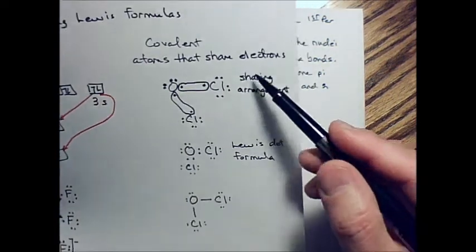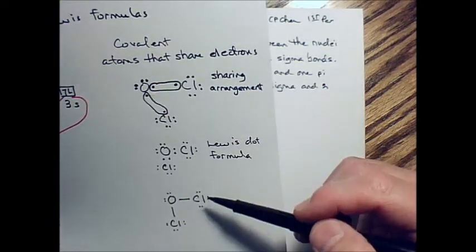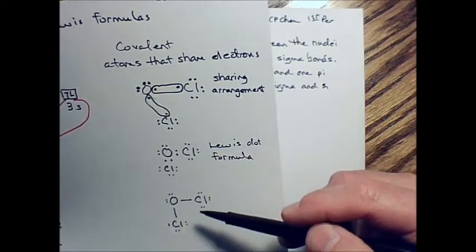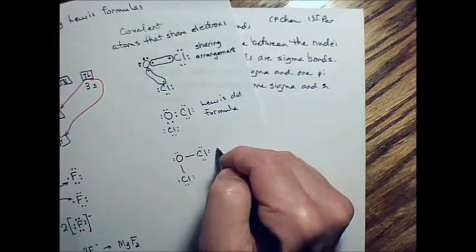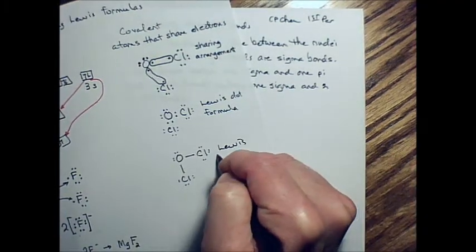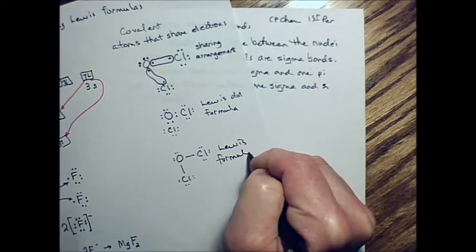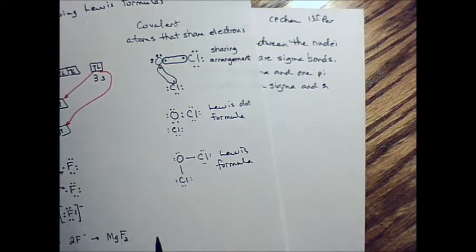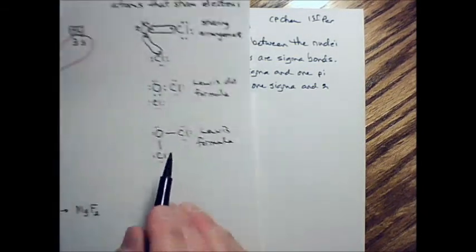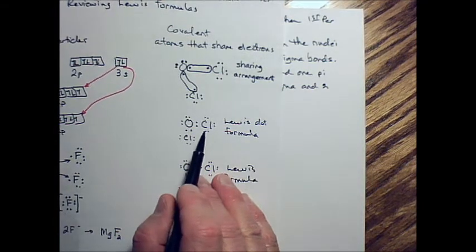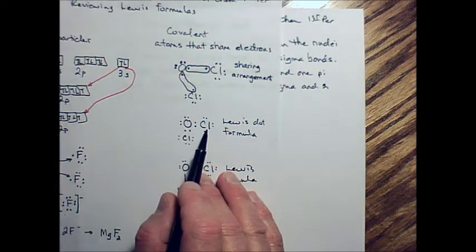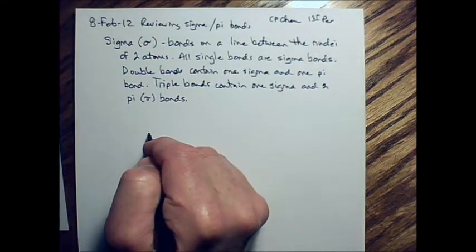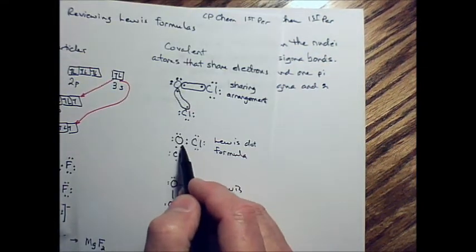So a moment ago we looked at covalent bonding in terms of just using Lewis formulas. And we came up with this Lewis formula. We didn't label it then, but this is a Lewis formula for oxygen dichloride. Okay? So starting with the Lewis dot formula, we could write a three-dimensional structure for this, where we have oxygen with 4 sets of electrons around the central atom.